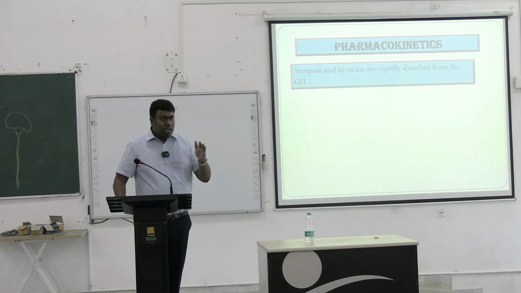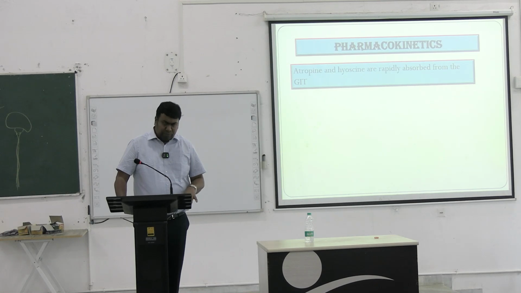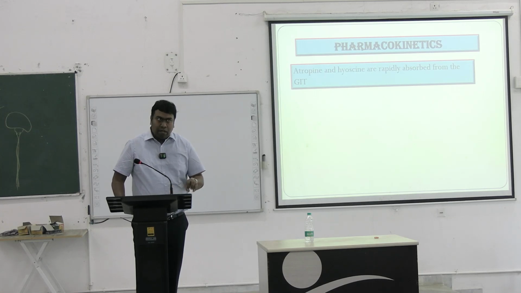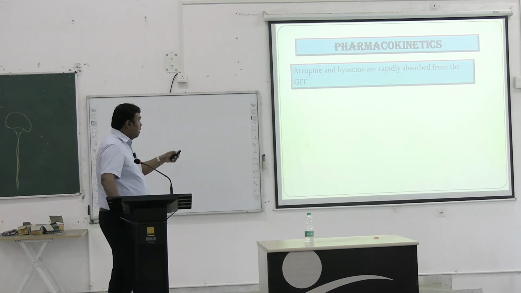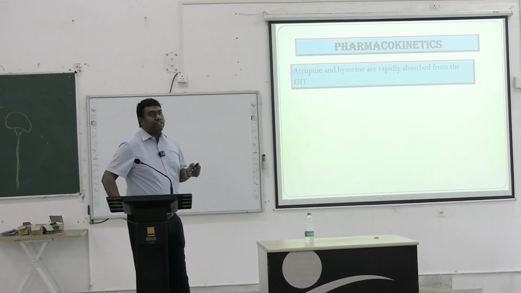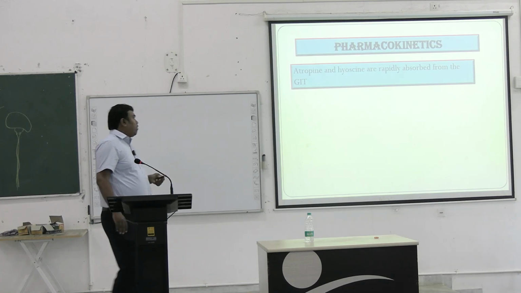So as a topical eye ointment and eye drop, and next, commonly used intravenously in case of organophosphorus poisoning or sinus bradycardia. But if given as an oral drug, it is rapidly absorbed from the GIT.